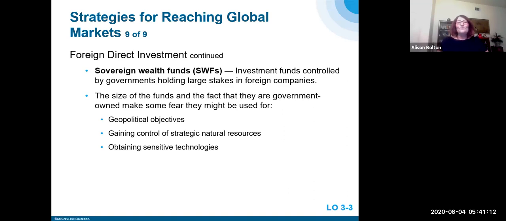Because you want to make sure that they're not used for things like geopolitical objectives, gaining control of strategic national resources, or obtaining sensitive technologies. So there have to be guidelines and requirements implemented in those contracts so that nobody's hurt by these funds that are invested there.